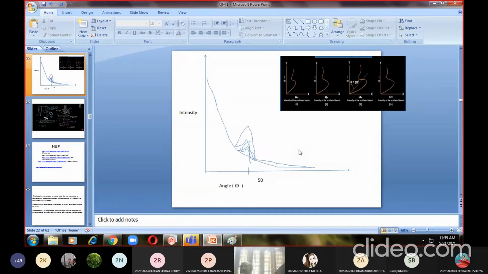I increased 45, 46, 47, 48, 49, 50, 51, 52, 53, 54, and then 55, 56, 57, 58, 59, 60, like that. What I found is this peak to be very large for 54 volts at 50 degrees.